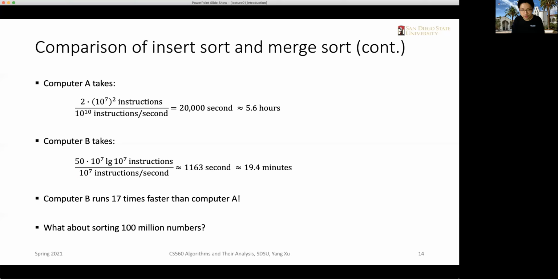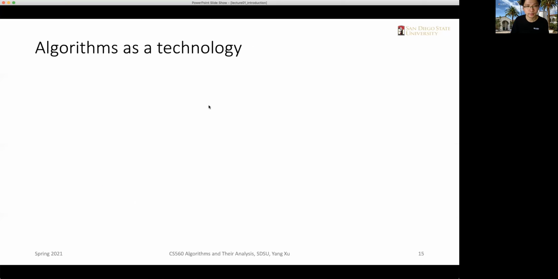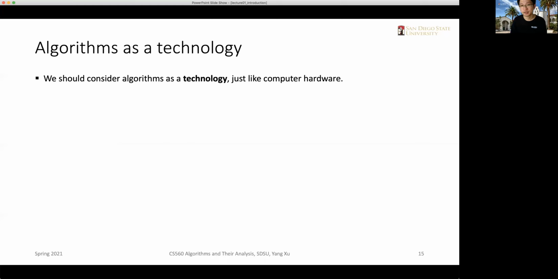And if you do that computation manually on paper using 100 million numbers as inputs, that'll be an even larger difference. So in a word, we can say that algorithm is also a technology. It's just like the computer hardware that people require nowadays to solve problems efficiently and correctly.